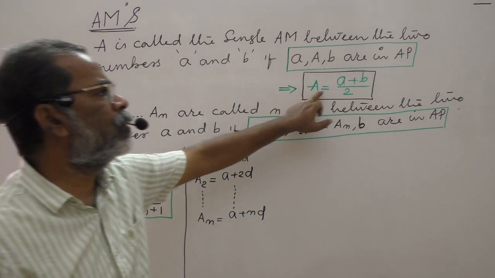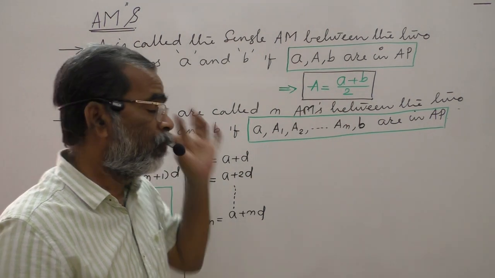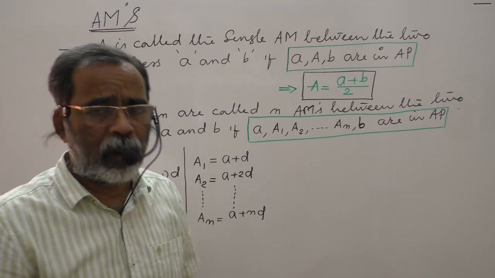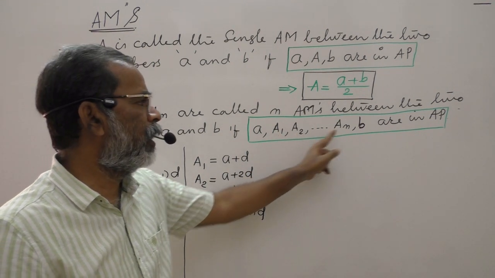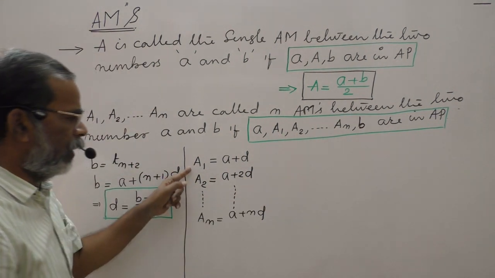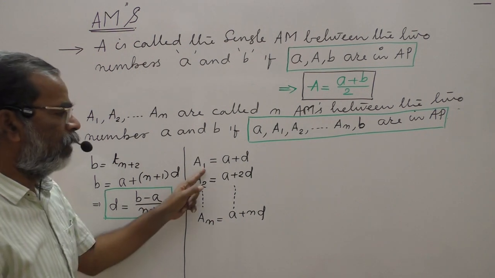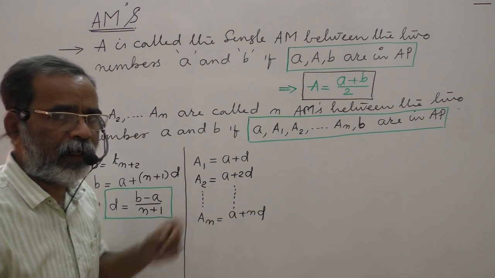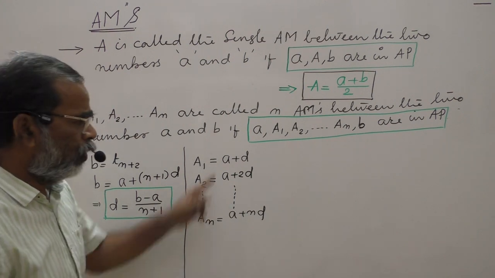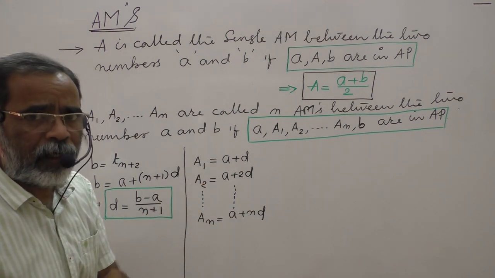A single AM is simply a plus b by 2. When you insert more AMs, say n AMs, they are found like this. A1 is a plus d, A2 is a plus 2d, etc. An is a plus nd. To find these, what is required?